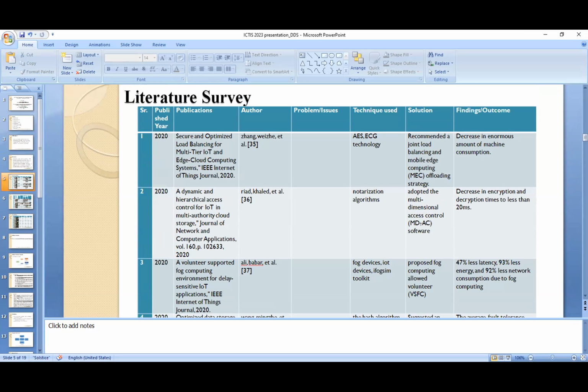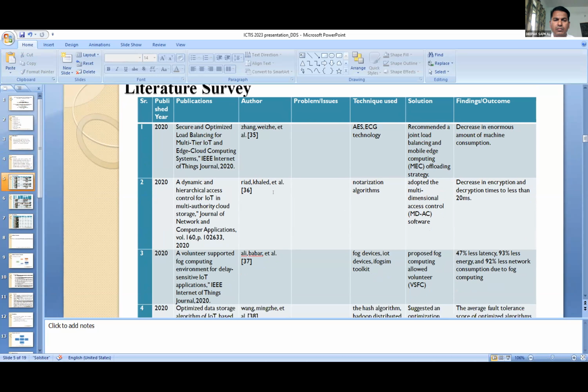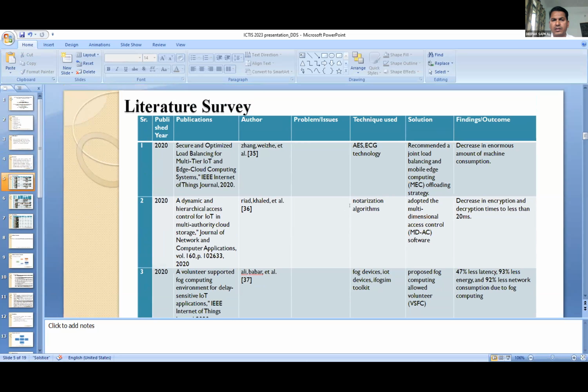I have studied almost 40 papers, and from those I selected some for this literature survey. The first paper, secure optimized load balancing for multi-tier IoT and edge cloud computing, has limitations in that security and load balancing are not satisfactory.